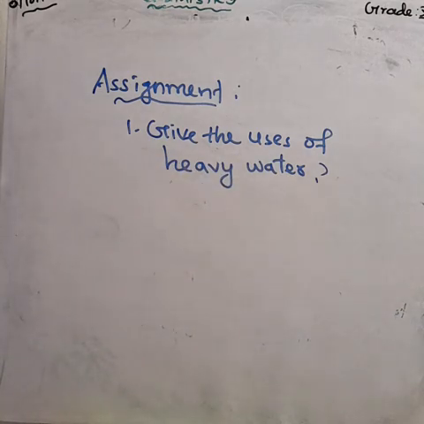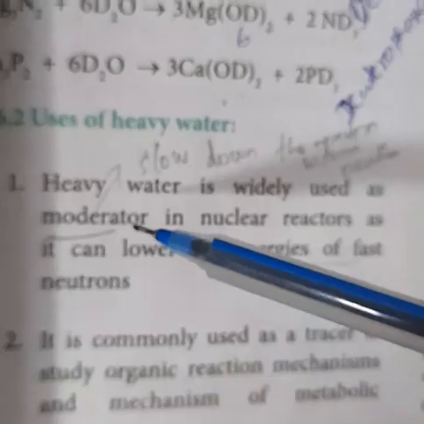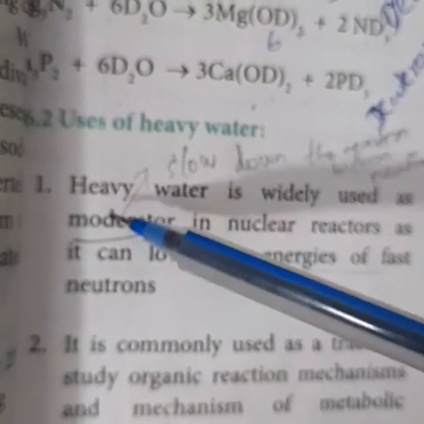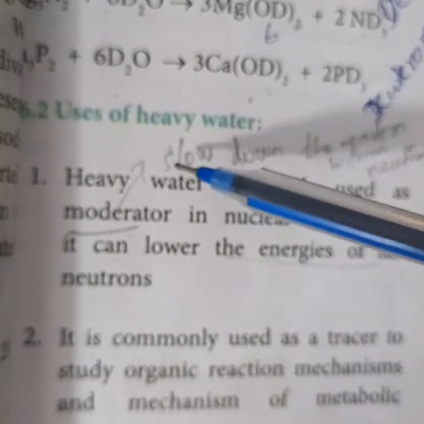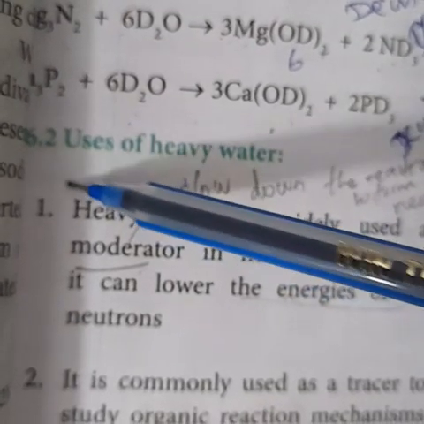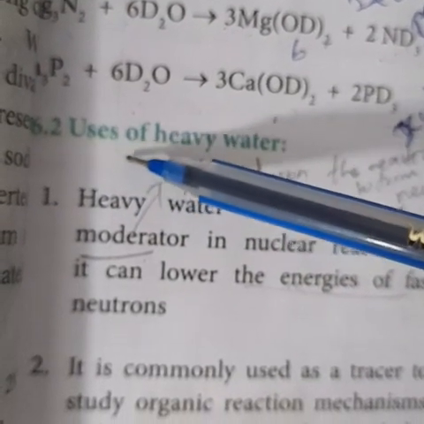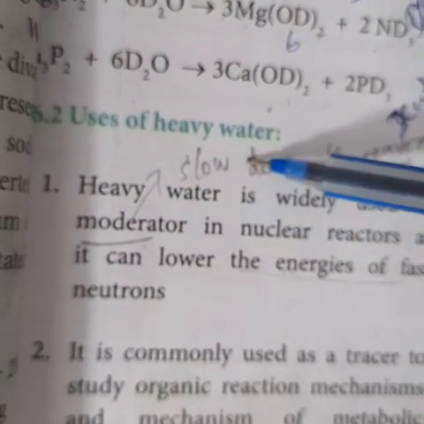Very, very important question. If you have the book, take it now. Take page number 111. At the left-hand side of the page, at the last, 4.6.2, uses of heavy water. There are three uses.